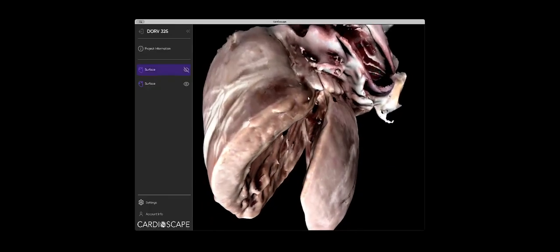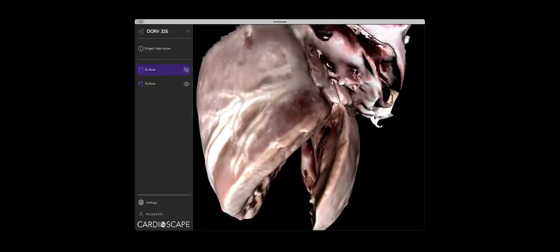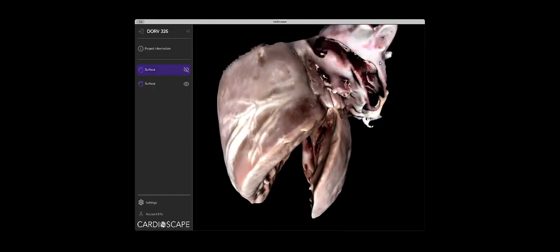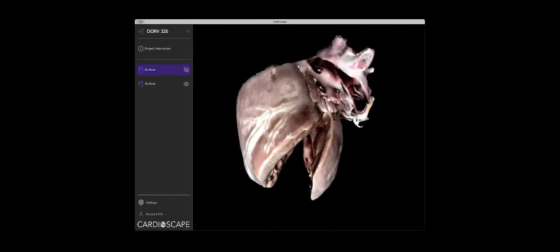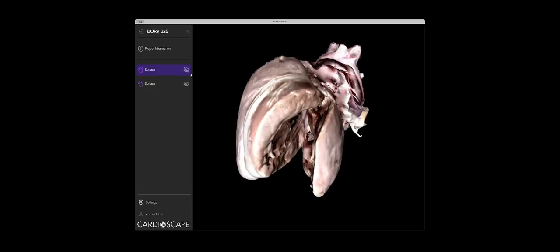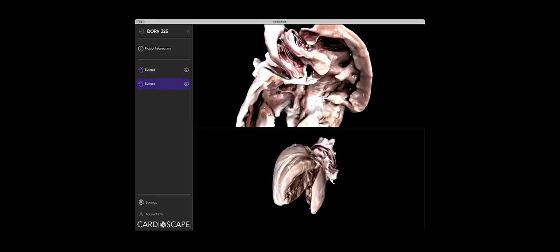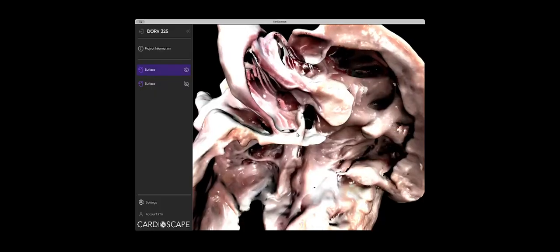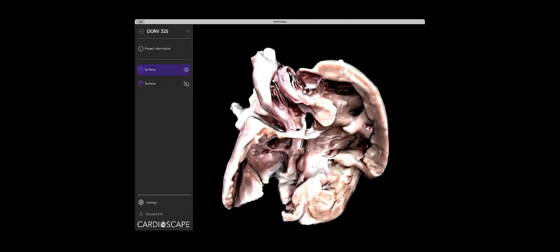But here is the left atrial appendage, and here is the transverse arch again, and the ascending aorta here. So an interesting heart with double outlet right ventricle, subaortic interventricular communication, and probably some subpulmonary stenosis during life.